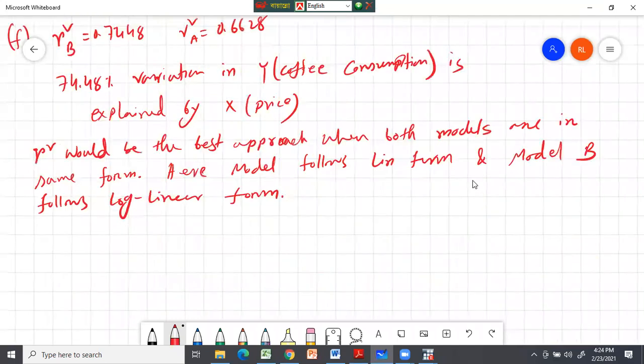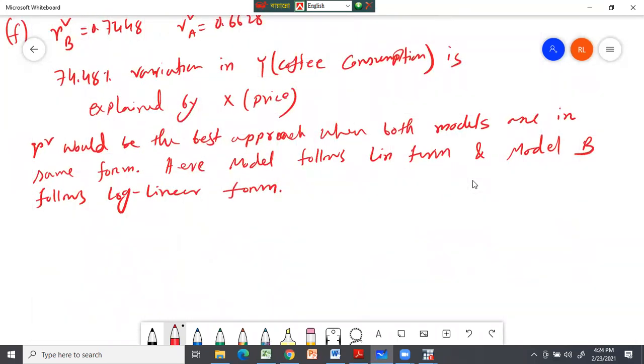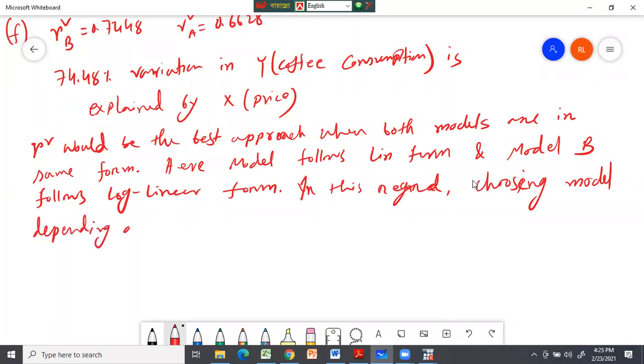In that case, or in this regard, choosing model depending on R square would be a wrong decision. Okay, would be a wrong decision.